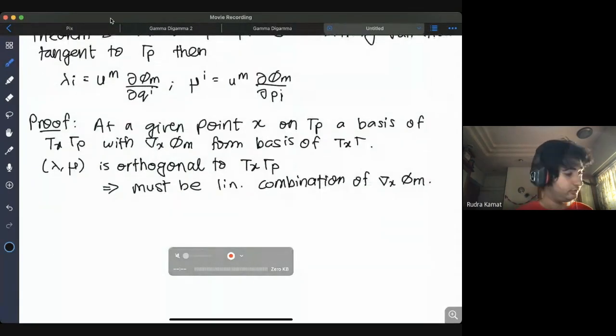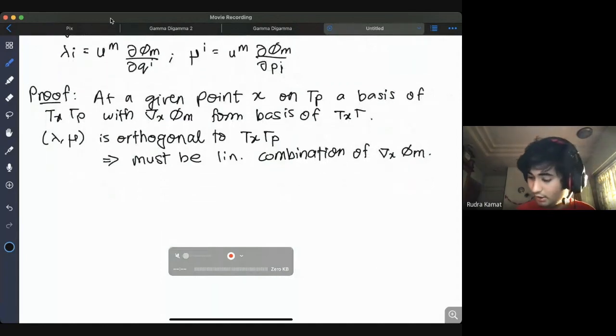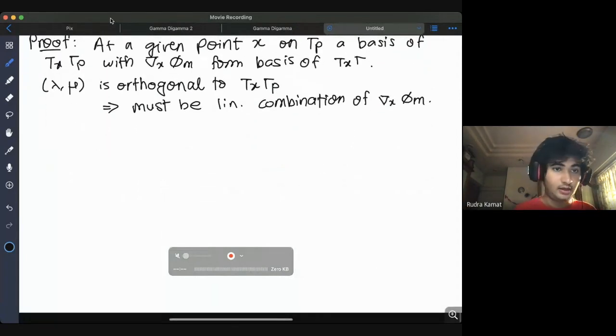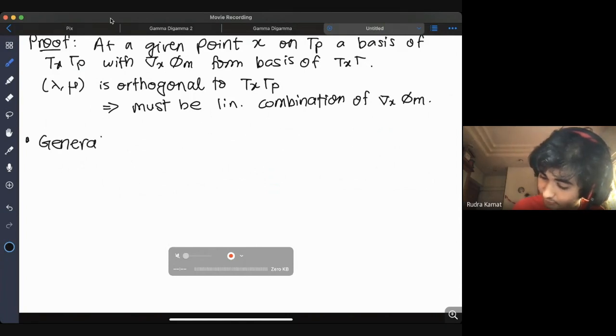That's the entire point of this proof. But anyway, enough of the uninspired mathematics. It's time to move on to generalized Legendre transformations, and that's where we're really going to use these a lot.